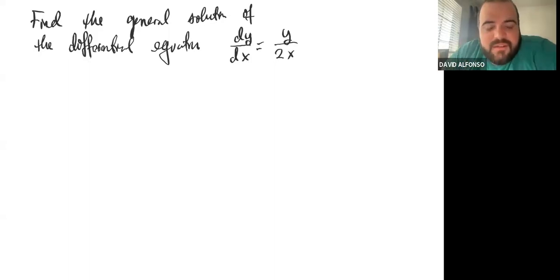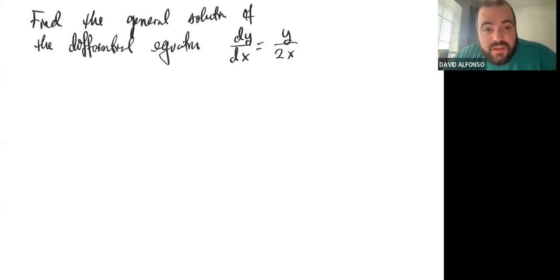Okay, this is called a differential equation, which is basically an equation that has a derivative. The problem with this differential equation is that it's a function of x and y. So really the only way to do this is if you can separate the variables so that on one side you could integrate with respect to y and the other side with respect to x, which would make everything so much easier.